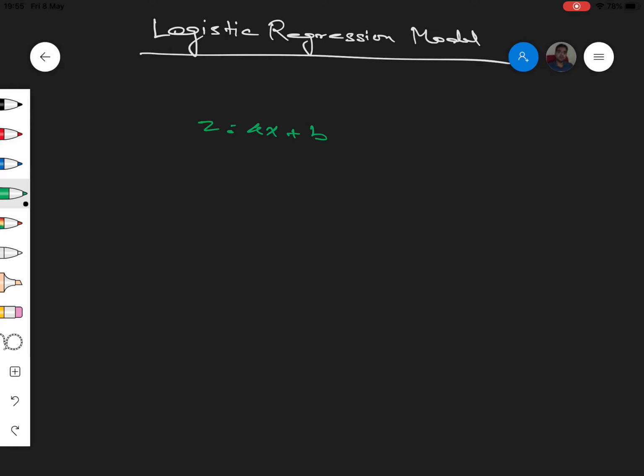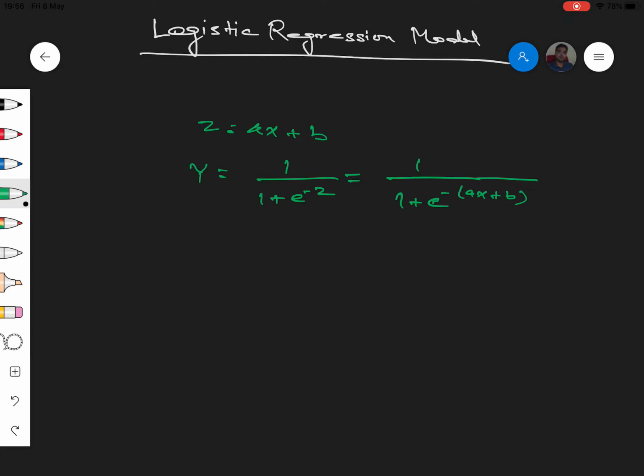Then we fit this value z into the sigmoid function, which is y equals 1 upon 1 plus e to the power minus z.